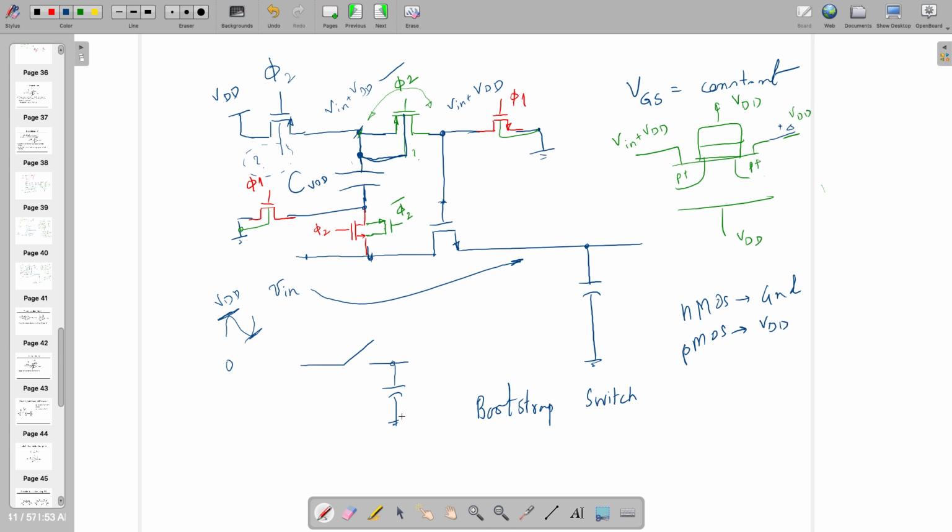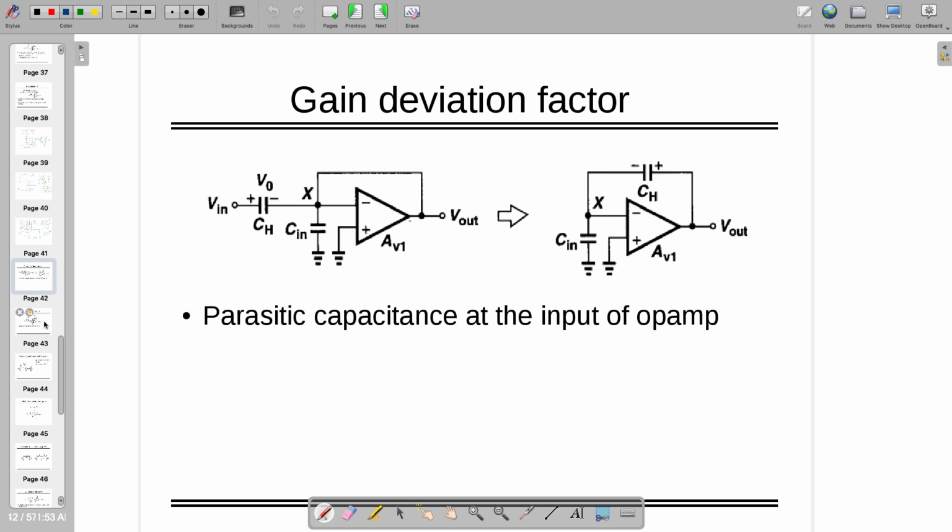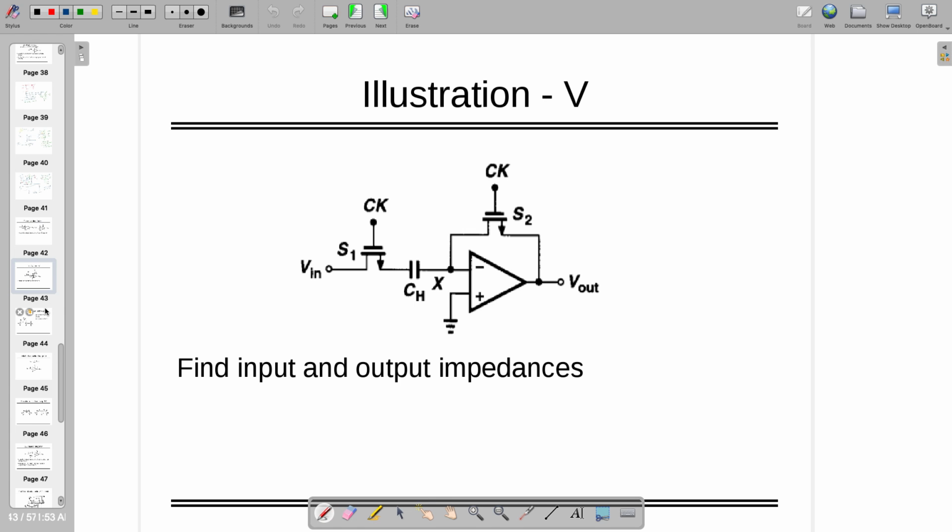And so maybe that's the next topic which I want to teach you. Okay. Can you tell me what are the input and output impedance very quickly when the switch is on?